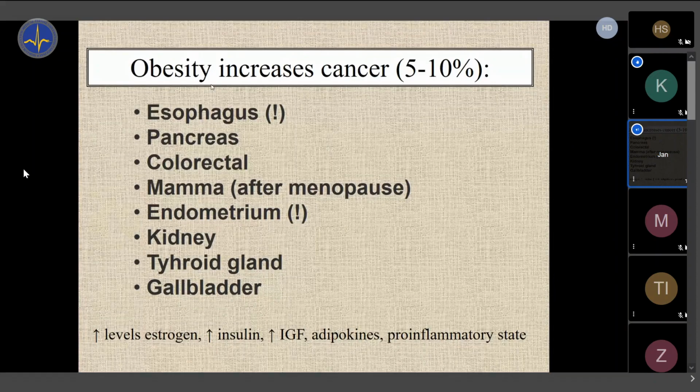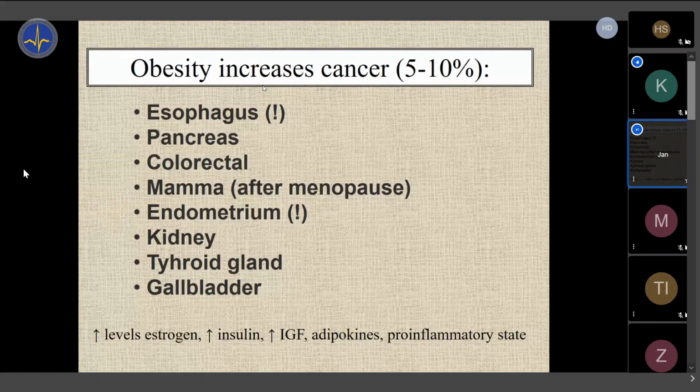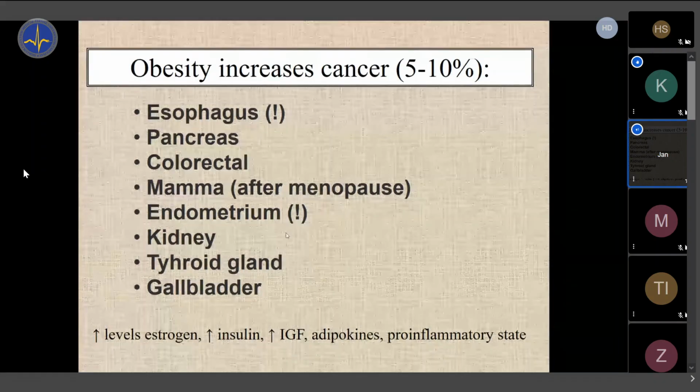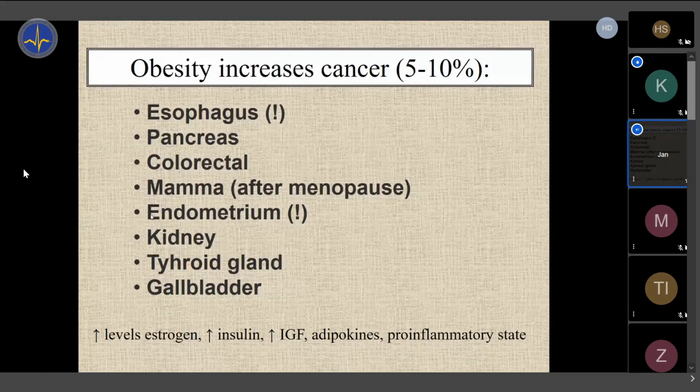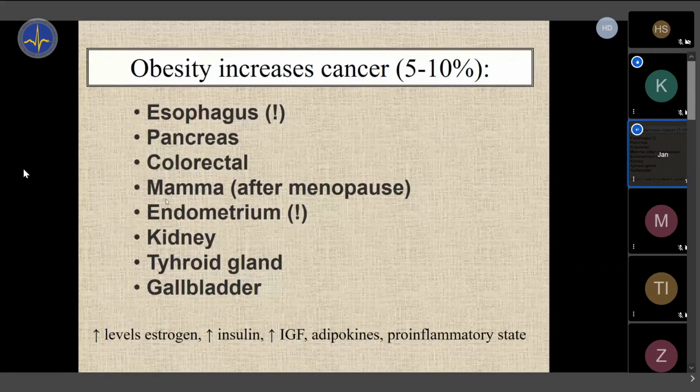Just one slide on cancer. We will not go deeply into it, but you saw that cancer mortality is also increased in obese people, and it's not only those cancers that one would guess because of endocrine function, like endometrium or gallbladder, but also some very common cancers like colorectal cancer or cancer of the breast.